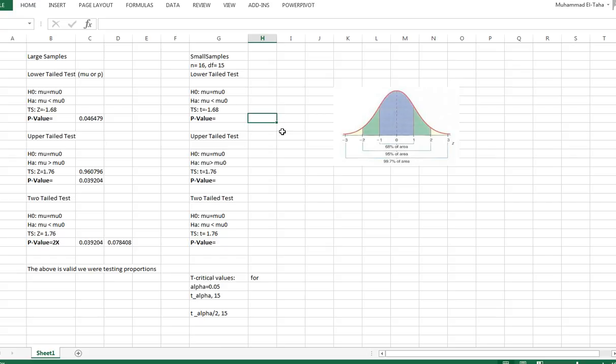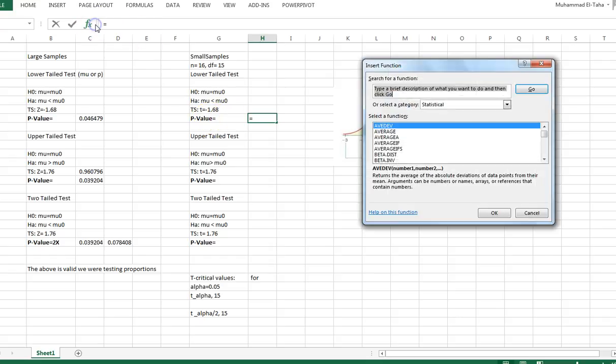One is to use the t-distribution, so this is a lower tail test. If I go up here and click on the function, now I'm looking under statistical for the t-distribution, which is in your handout, this one here.